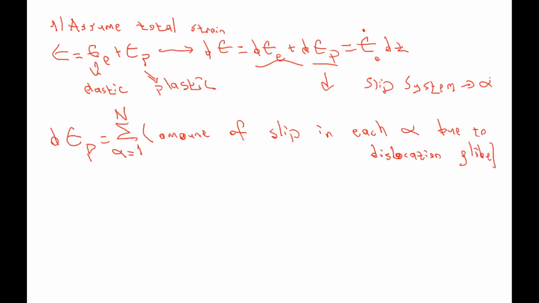Perfect. So for FCC, alpha goes from 1 to 12.